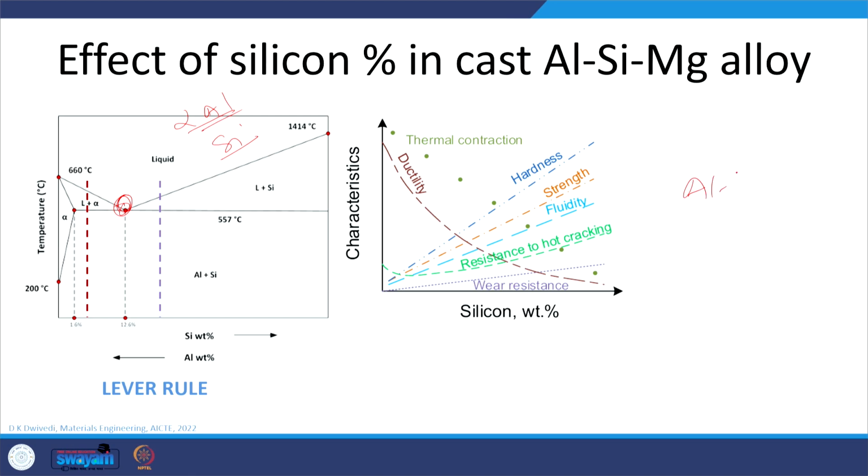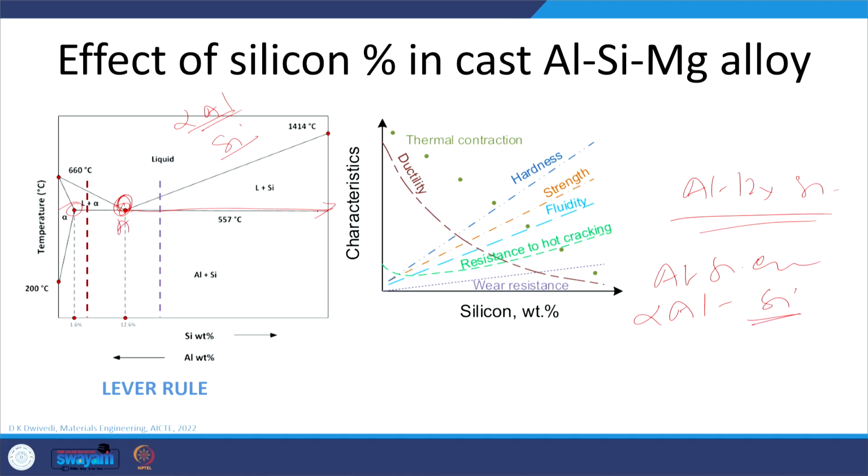Say for aluminum 12% silicon, what will we have? On this side the silicon and on the other side alpha aluminum in the eutectic, assuming a 100% aluminum silicon eutectic. What is the proportion of aluminum and what is the proportion of silicon in that? That is what we can determine.